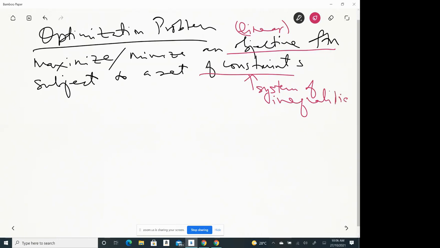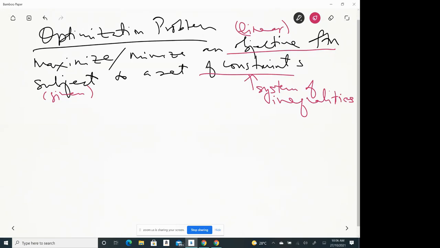That is our optimization problem. So you want to maximize the objective, which is linear, subject to, meaning given, the constraints, which consist of a few inequalities. That is our optimization problem.